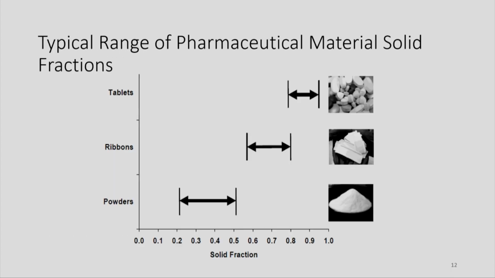For a fine powder, the solid fraction in general ranges from 0.2 to 0.5, but for a compacted powder it usually ranges from 0.8 to 0.9. That means you are removing almost all the void spaces within those powders.